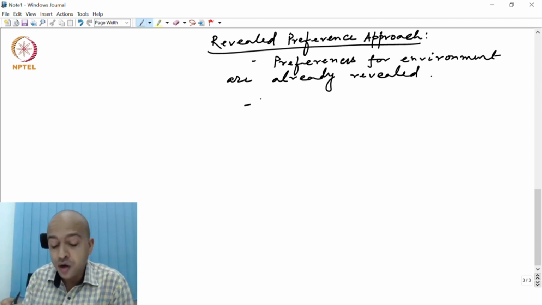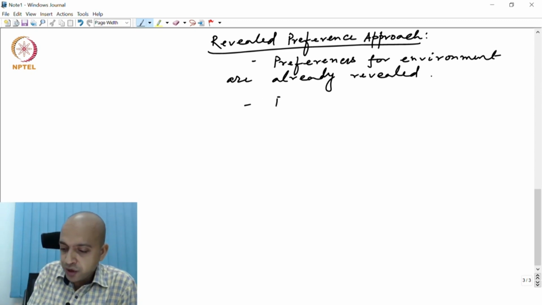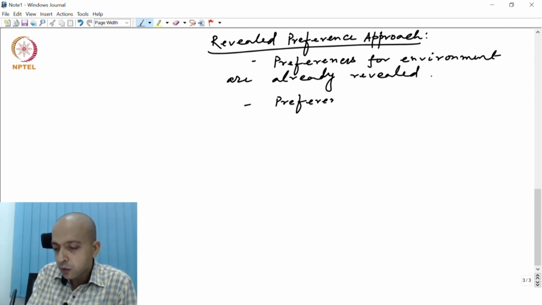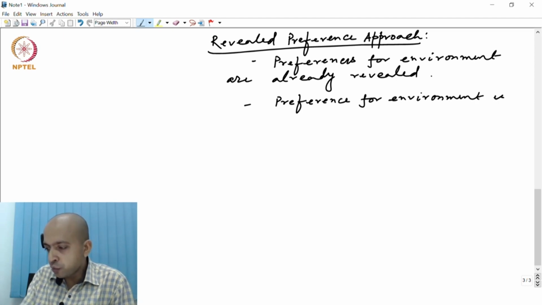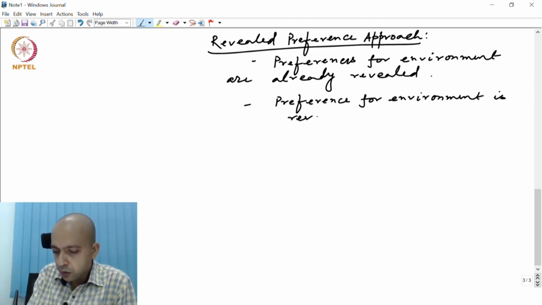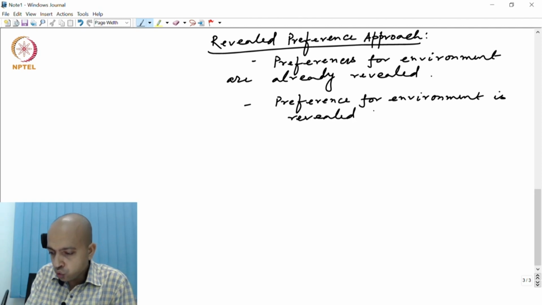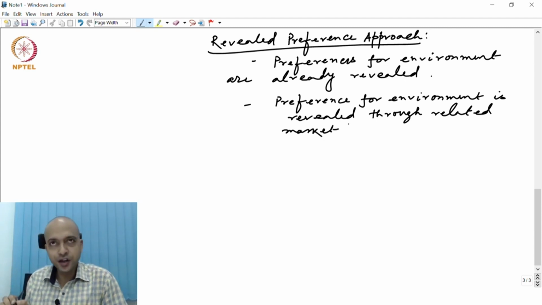This is something very important we need to understand. So preference for environment is revealed through related market.